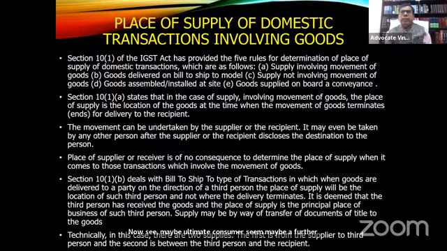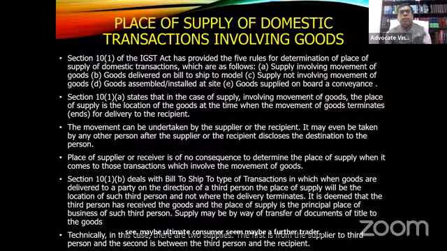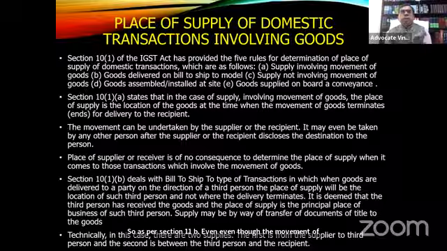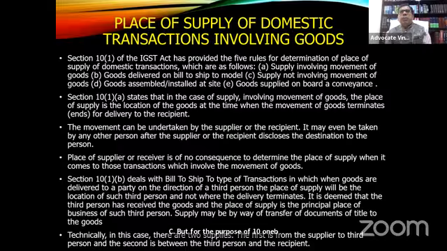So, as per section 10(1)(b), even though the movement of the goods terminates in the state C, for the purpose of 10(1)(b), it is the principal place of business of B which will be considered to be the place of supply.